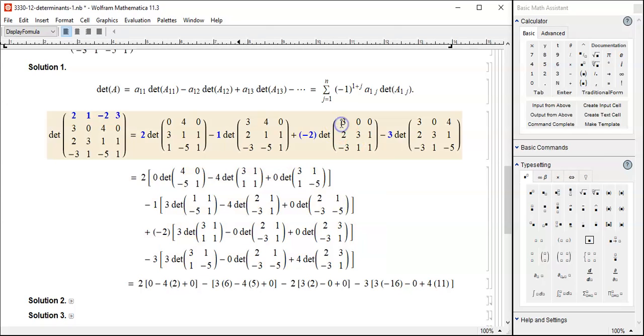And then how about this one? Negative 2 times the determinant, which we are going to do later. First, 3, 0, 0. I don't have to worry too much about zeros. Up to 3, removing first row and first column, we get this deleted matrix, which comes over here.